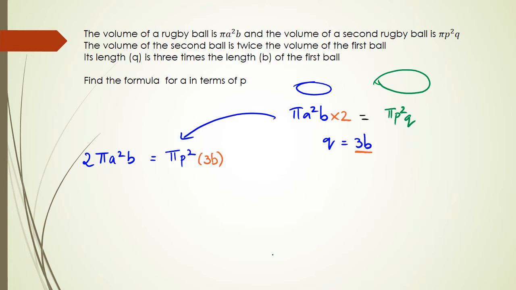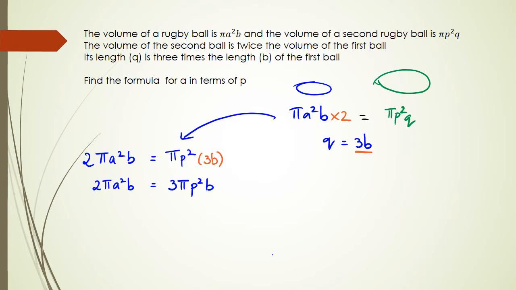So expanding the brackets, well, I don't really need to put the brackets there, but still, have a look. 2 pi a squared b equals 3 pi p squared b, because everything on that right hand side is being multiplied.